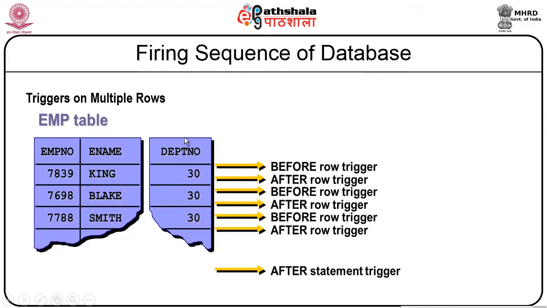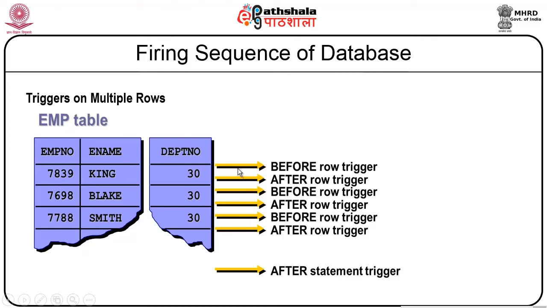This is the before statement trigger, and here is where I can initiate the before row trigger. After having inserted or updated this particular value, it can only be an after row trigger.